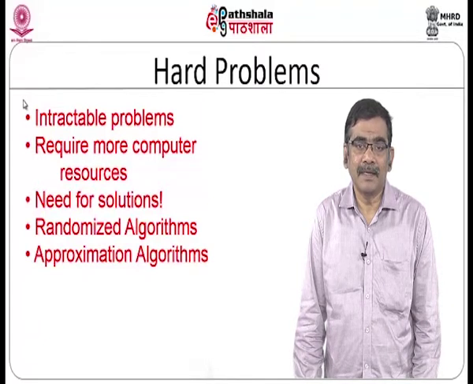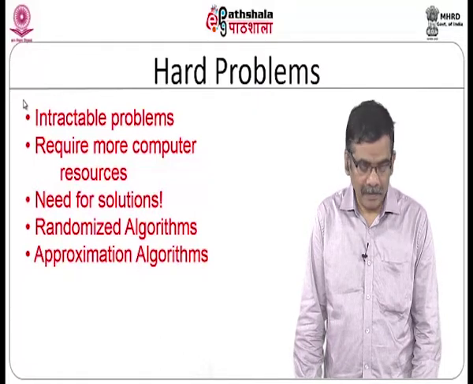So, the logic is something is better than nothing. Even though you are not getting the exact solution, you are getting a solution closer to that. That is the philosophy of approximation algorithms. Today we are going to spend our time with randomized algorithms.